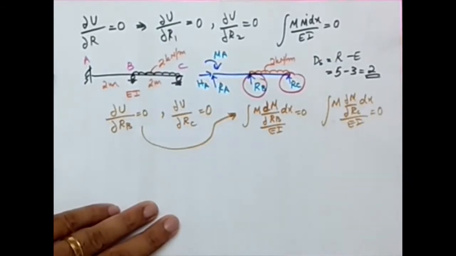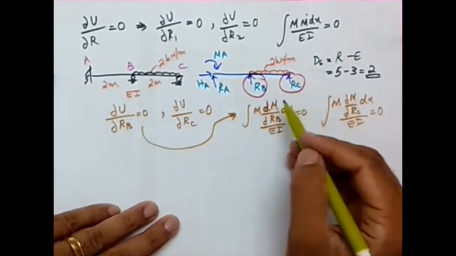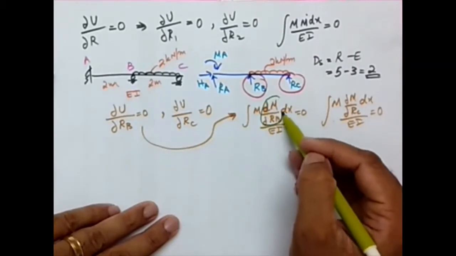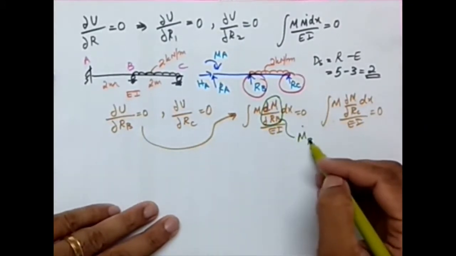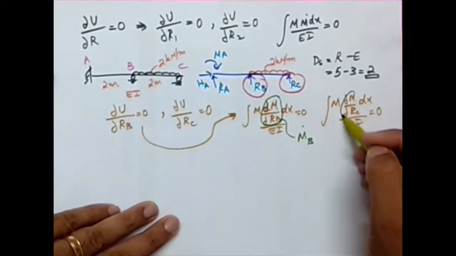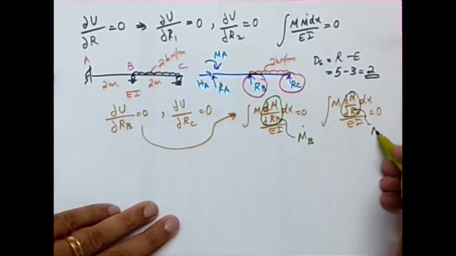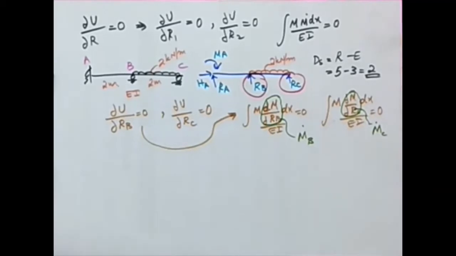So I'm going to call this parameter, dou M by dou RB, m dot b. Similarly, this parameter I'm going to call m dot c. For convenience I'm doing that. Now what we need is the table where we have the different expressions for bending moment for different segments, and all those things that we used to do for earlier problems.